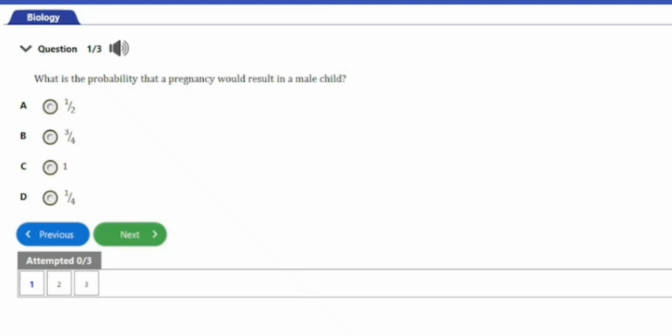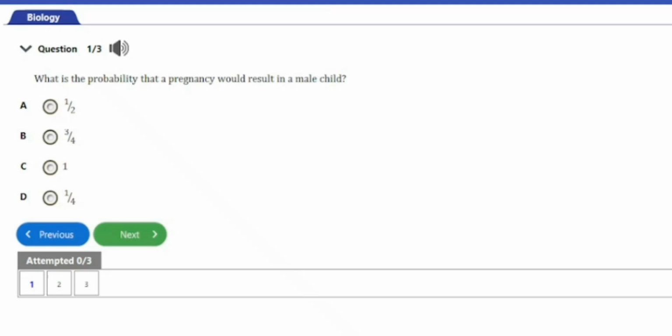So at each point, the female is expected to donate 1 X, while the male is expected to donate either an X or a Y. So it's determined by the sex chromosome that is donated by the male. If it's an X, then the pregnancy will result in a female child, and if it's a Y, it will result in a male child. So in that case, the probability is 1/2.